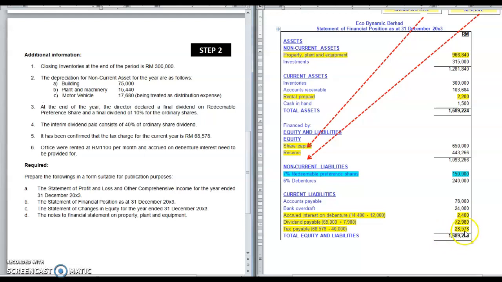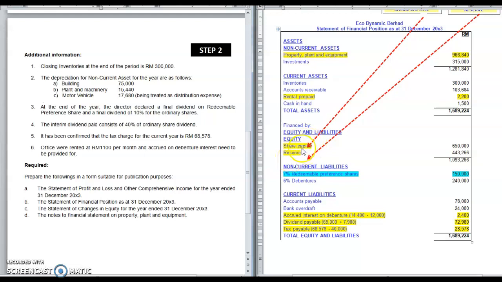So, this amount is then double ruled, just like what we did for the asset. Okay. Take note here, class. As for the equity section, we will only present the closing balance of the two main components of equity. Okay, they are the share capital and reserve.